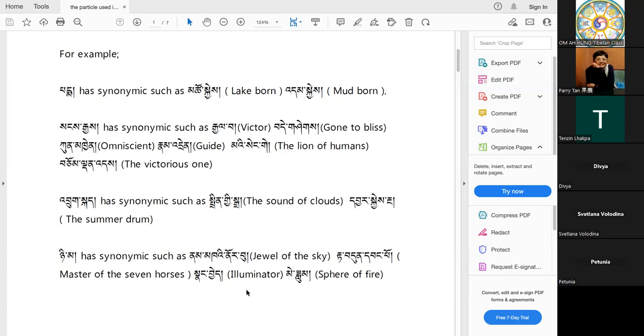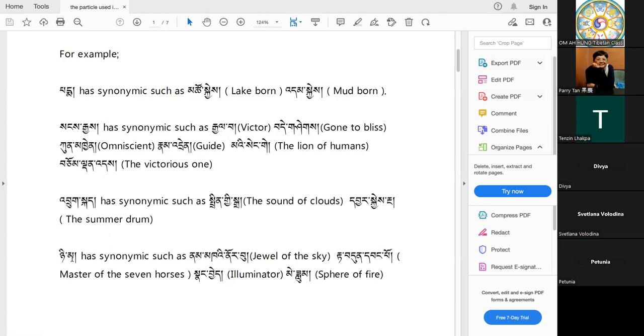It sounds so much better when we use the synonymic. And a more mundane usage of these in a poem is that sometimes you may want a line with, let's say, 13 syllables.